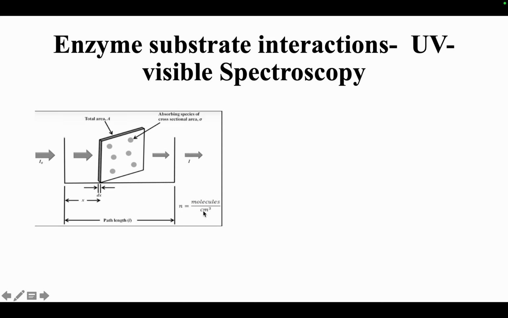As you can see, this is the total area, and it is covering the length L. This distance is the path length, that is the L here in the Beer-Lambert's equation.